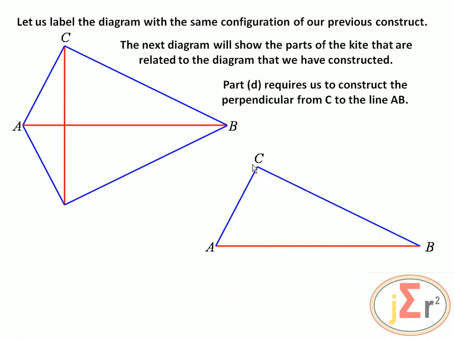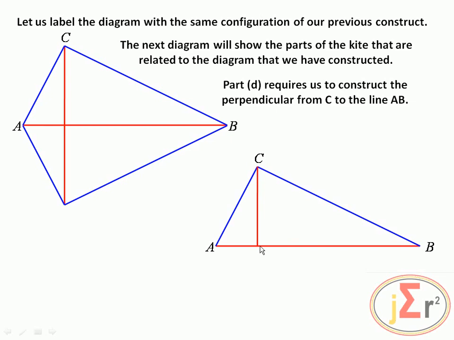Part D requires us to construct the perpendicular from C to the line AB. That is what the statement of the problem requires. It requires that we draw a perpendicular line from C to meet AB.